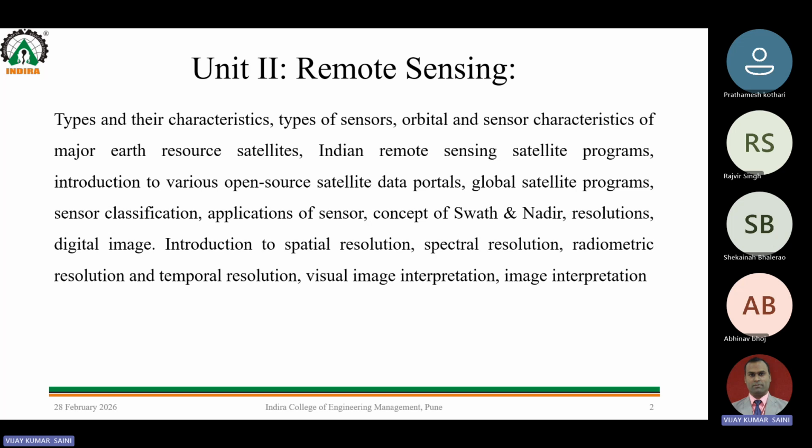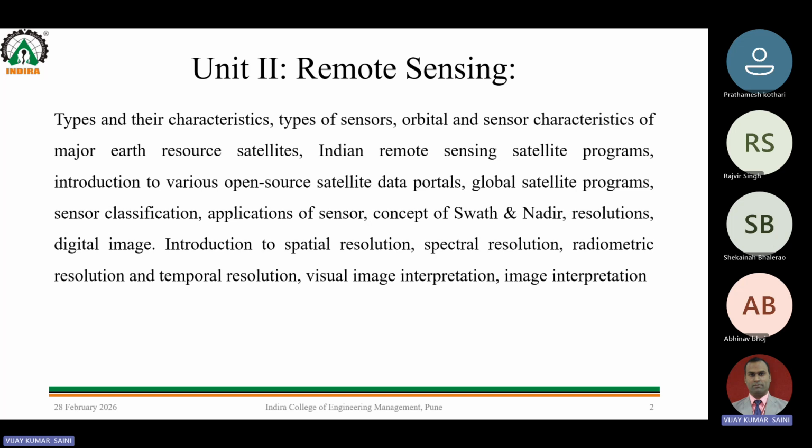Then we'll see the sensor classifications. What are the different types of sensors and their applications? Then comes the concept of Swath and Nadir. Generally, this question was asked multiple times in your exams. Then we have resolution and digital image.